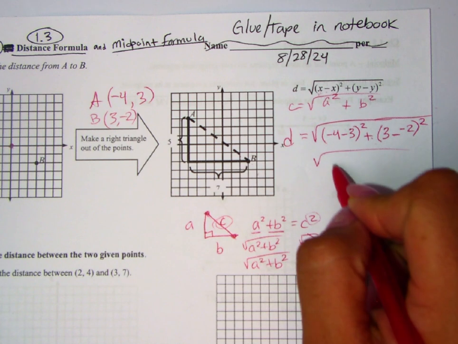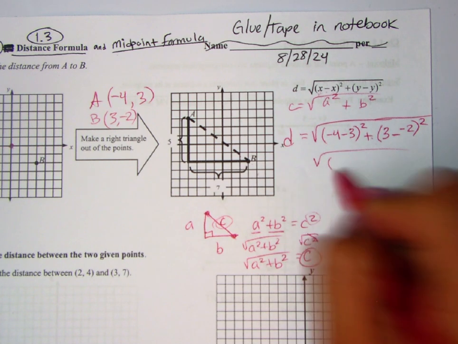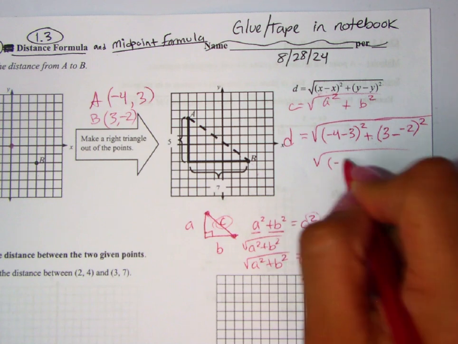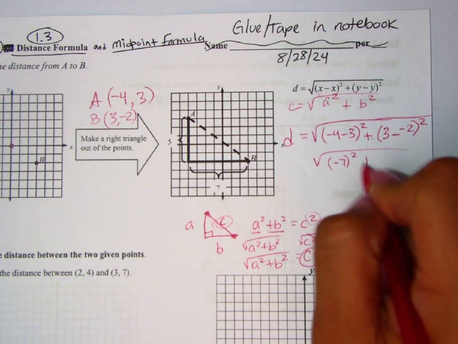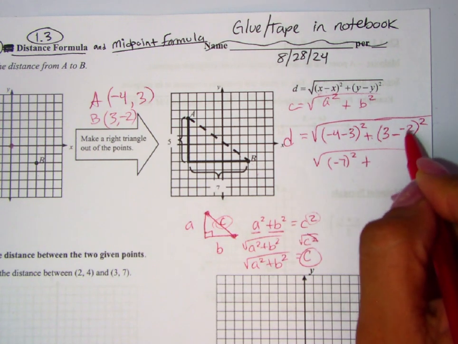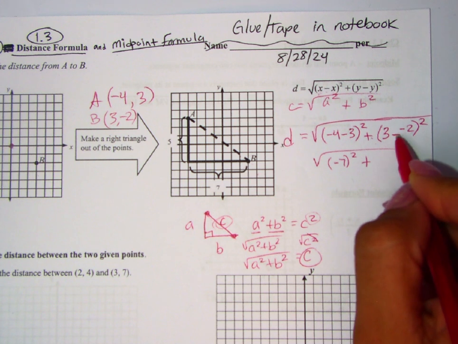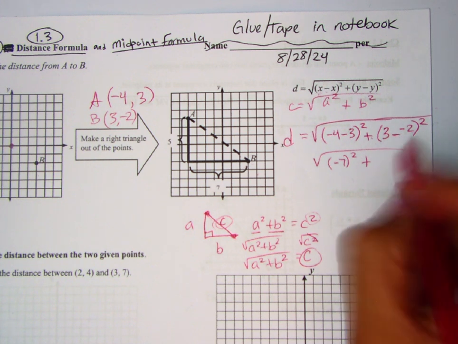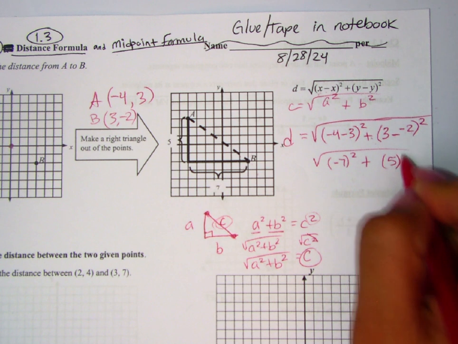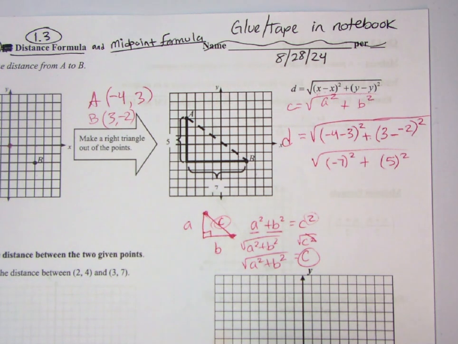-4 minus 3 gives you -7, squared, plus 3 minus -2, a double negative creates an addition, 3 plus 2, so that gives you a 5 squared. And you can always use your calculator to double check these additions.